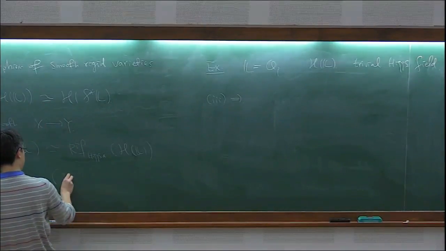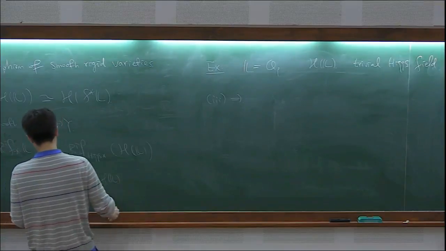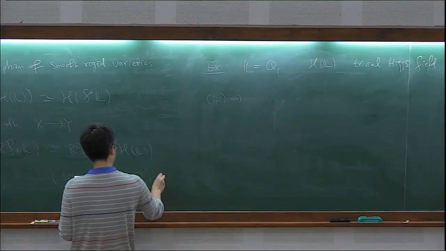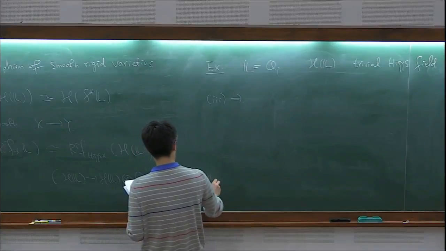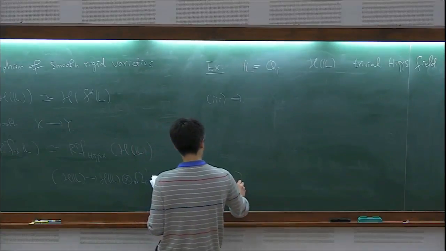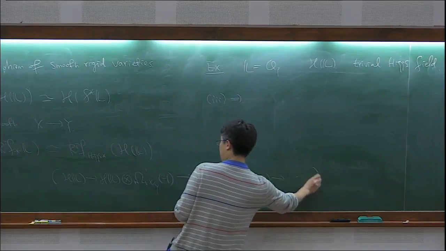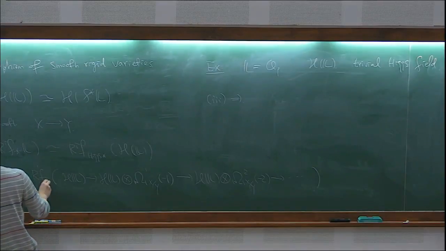So this is HL to HL tensor Ω¹_{X/Y}, to HL tensor Ω²_{X/Y}, and so on. Okay, you have the de Rham complex for the Higgs field, then you push forward. Okay, so this is the definition of this.